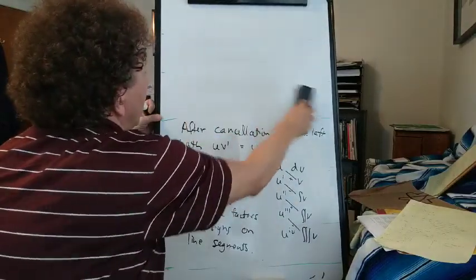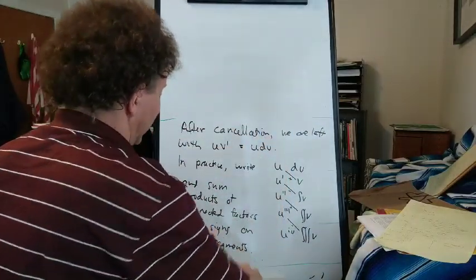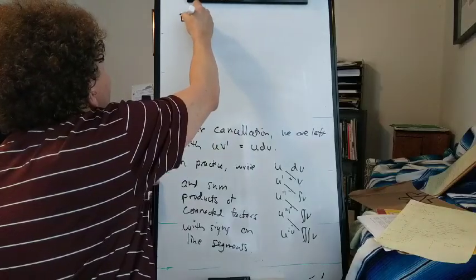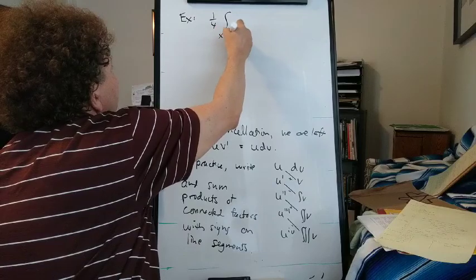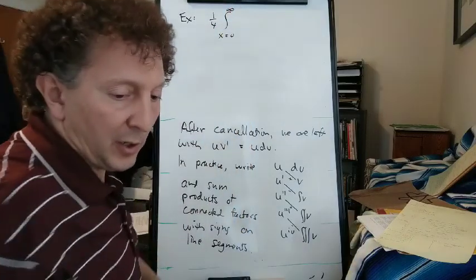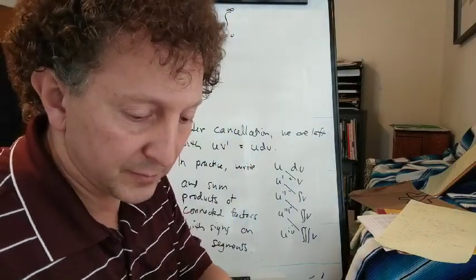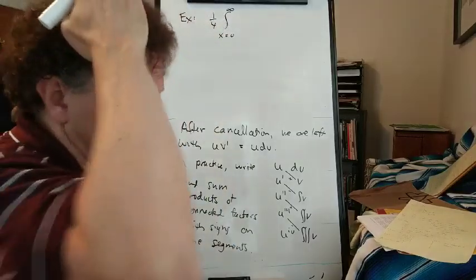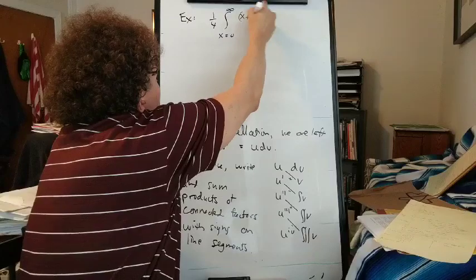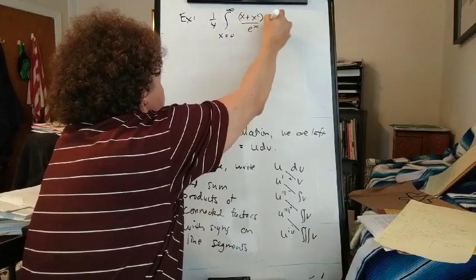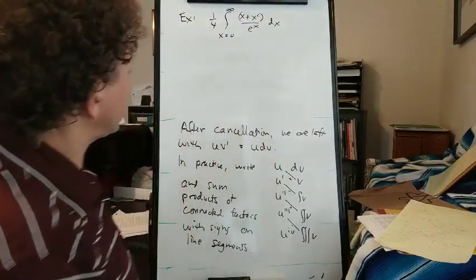So for example, let's say we wanted to integrate 1/4 the integral from 0 to infinity of x plus x squared over e to the x dx.